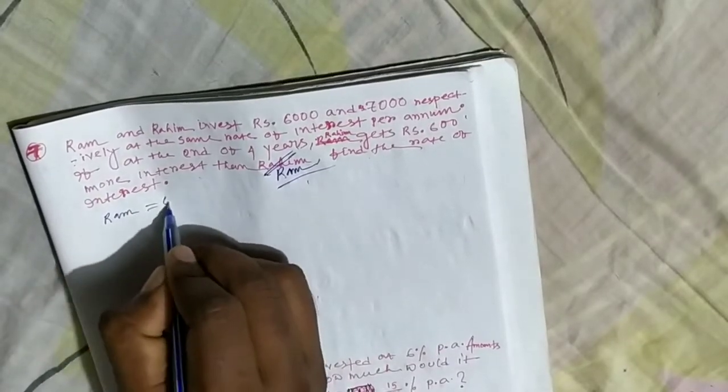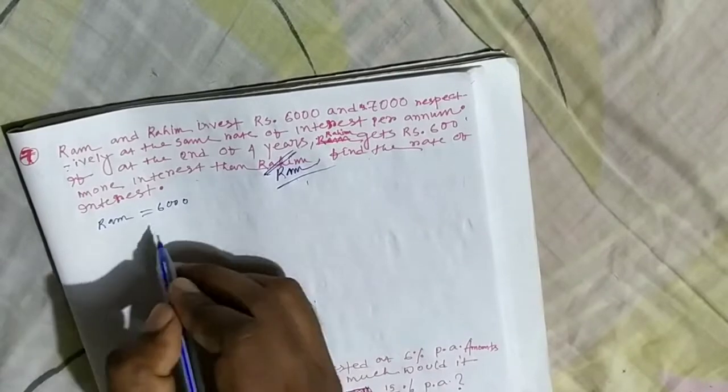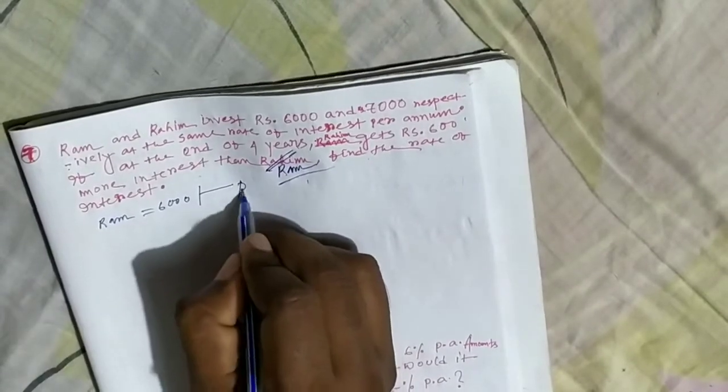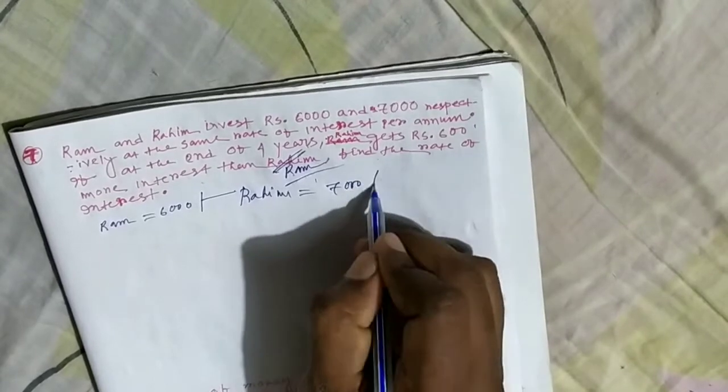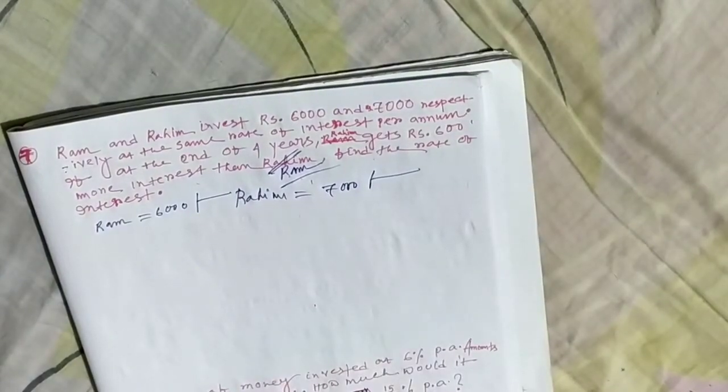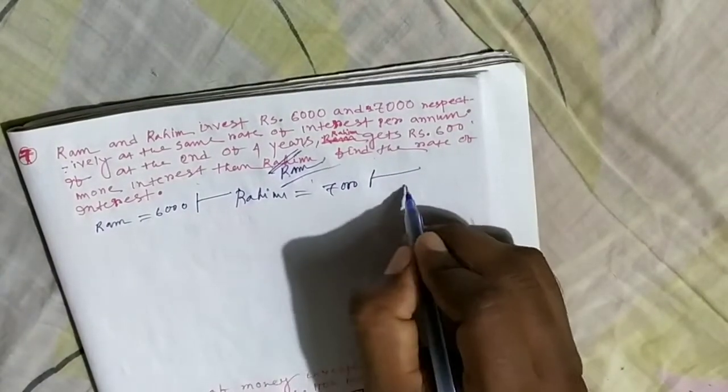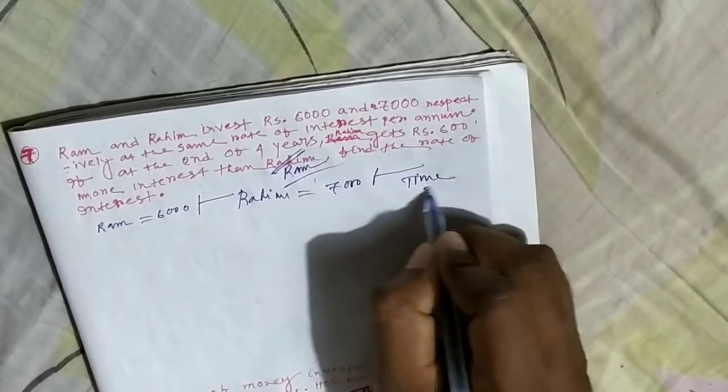Ram invests 6,000 rupees, Rahim invests 7,000. Time is equal to 4 years.